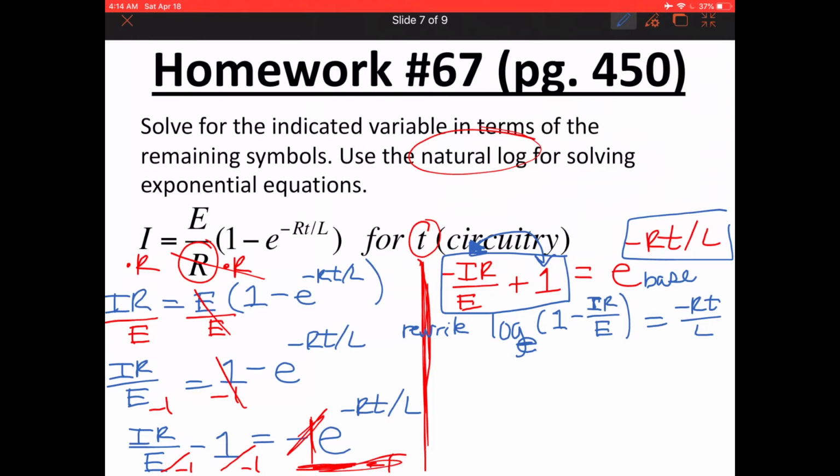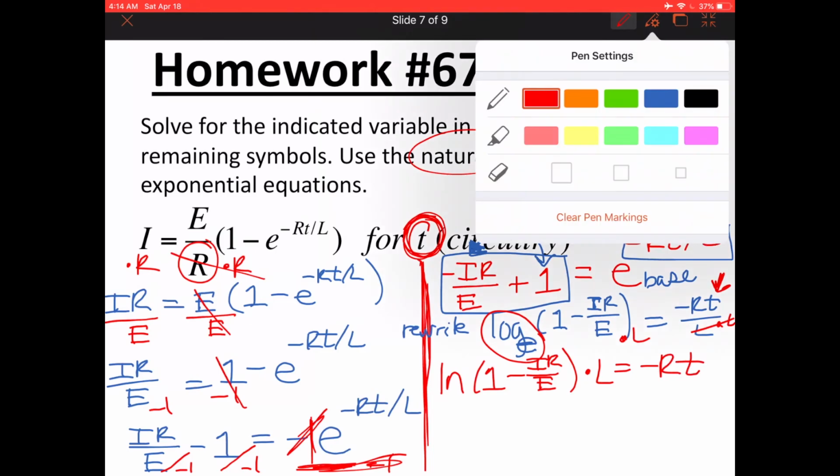All right, so there's a lot going on, but we are trying to solve for t, so I want to get this t over here alone. So how do I get rid of that L? I'm going to multiply both sides by L, okay? Notice log base e is just natural log, so I'm going to put ln of 1 minus IR over e times L equals negative RT. We're almost there, guys.